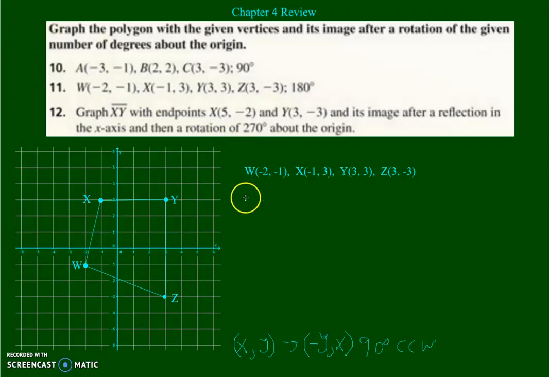So let's take point W and we'll get our first rotation. So let's call it W prime. And it's -y, x. So -1, negative is 1, x, -2.